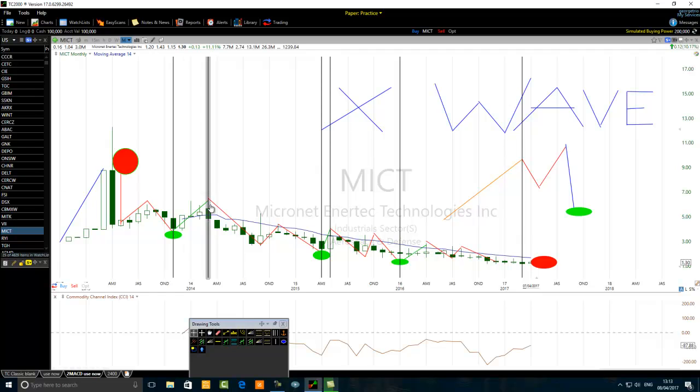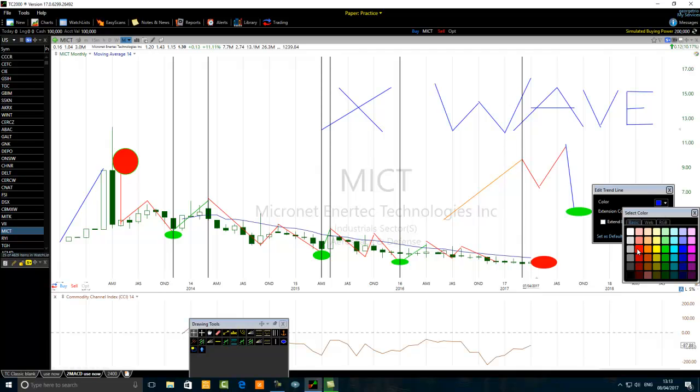Zigzag connected by the X to another zigzag. Here we have again another X connecting this zigzag to this zigzag. But sometimes you may have that X connecting a flat correction to a zigzag or to a triangle. It's a wave that connects corrective waves.